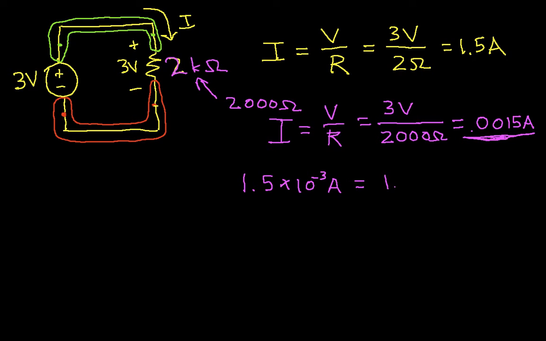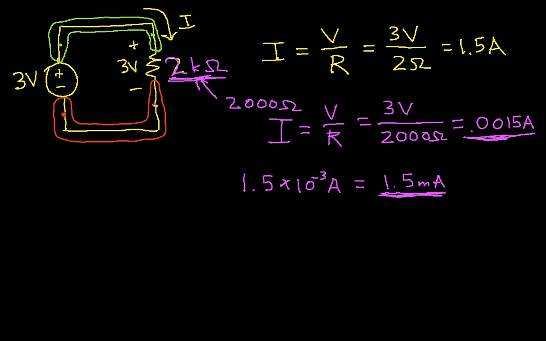So this is equal to 1.5 milliamps. So typically, when you work these problems, you'll see the resistance given in terms of k ohms, and if your voltage is on the order of 1 to 10 volts, something like that, your answer will probably be a current that is in milliamps. Okay, so that's example number 1.